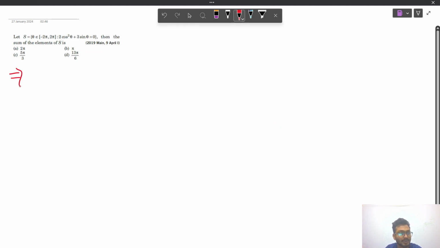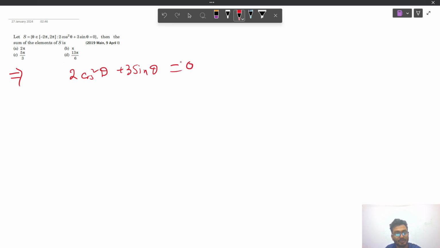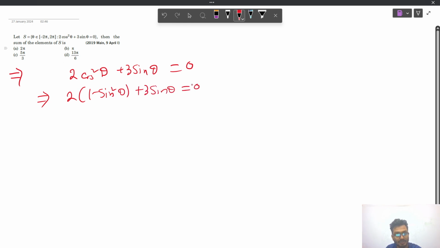So let us look at the third question. It is given that theta is from minus 2 pi to 2 pi, and we need the sum of the elements of this. So let us write this equation: 2 cos square theta plus 3 sin theta equals 0. So we can write it as 2 into 1 minus sine square theta plus 3 sin theta equals 0.